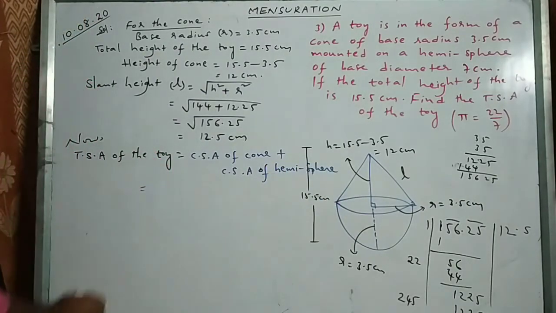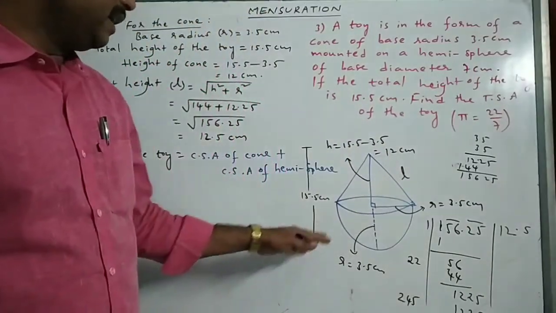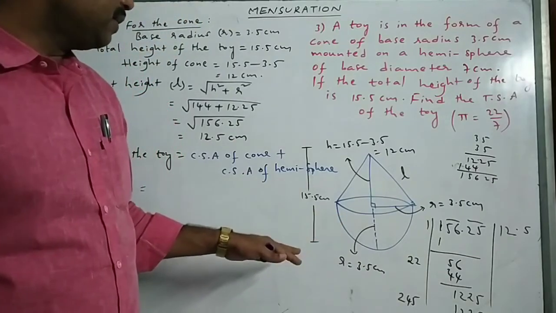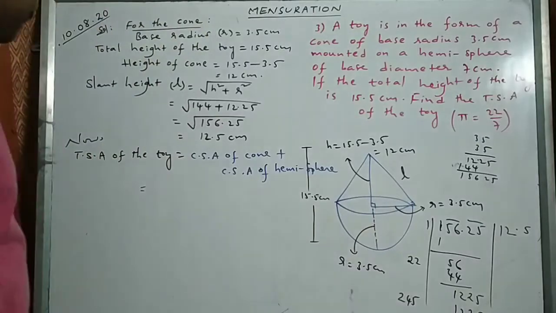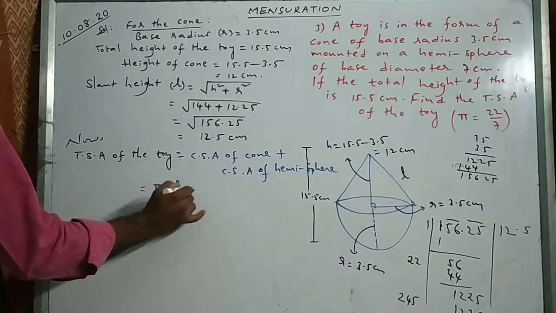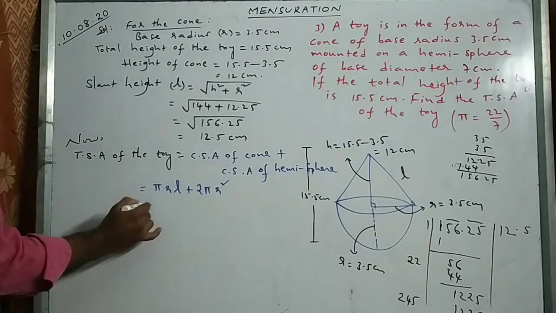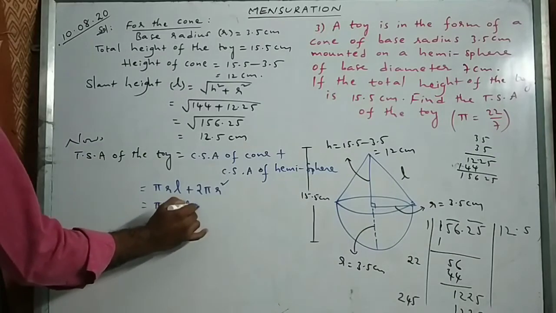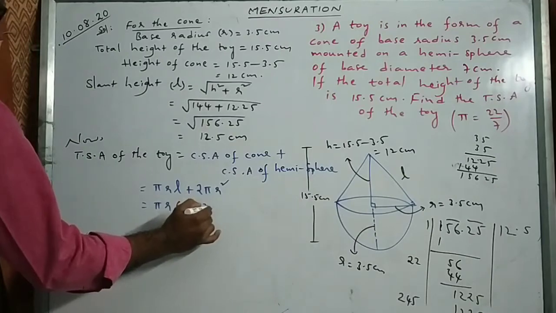To get the total surface area of this toy, we have to add the individual curved surface areas. CSA of cone formula is pi rl and CSA of hemisphere is 2 pi r square. So we can take pi r common, then l plus 2r.